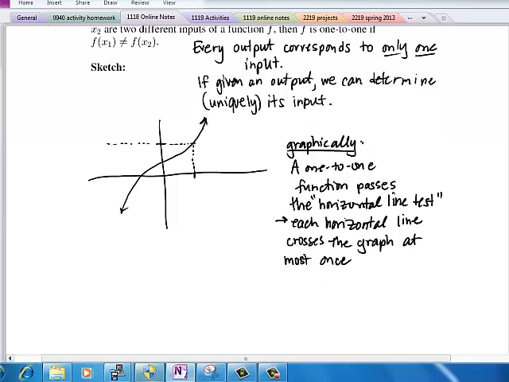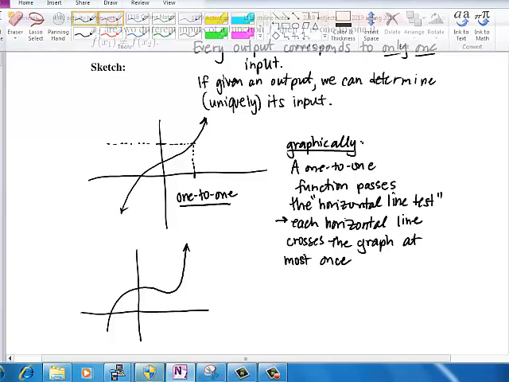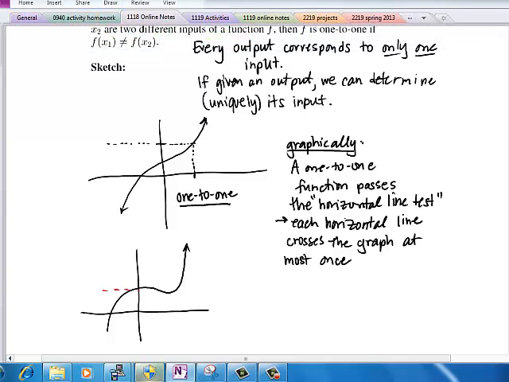Let me also sketch a graph that is not one-to-one. This graph is not one-to-one because I could draw a horizontal line that crosses the graph more than one time, in this case 3 times.